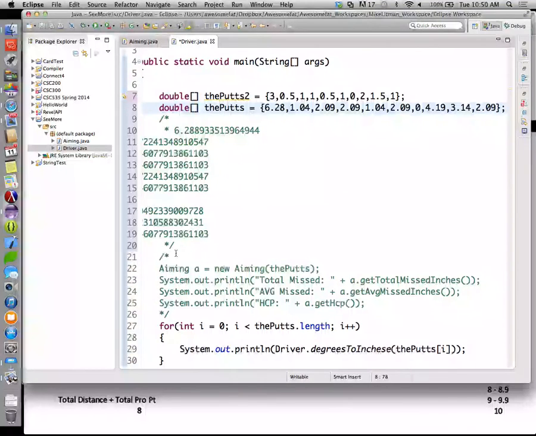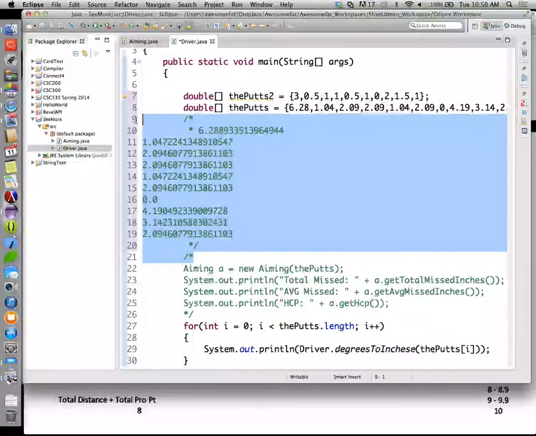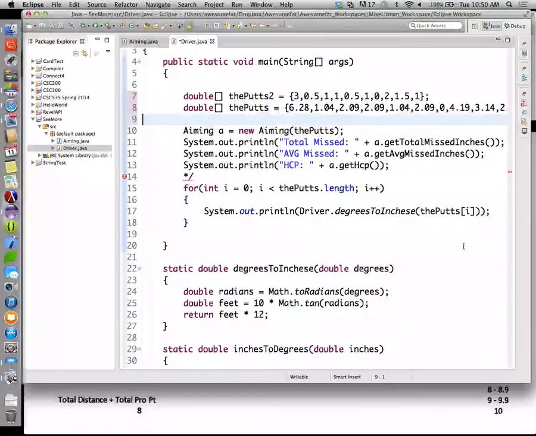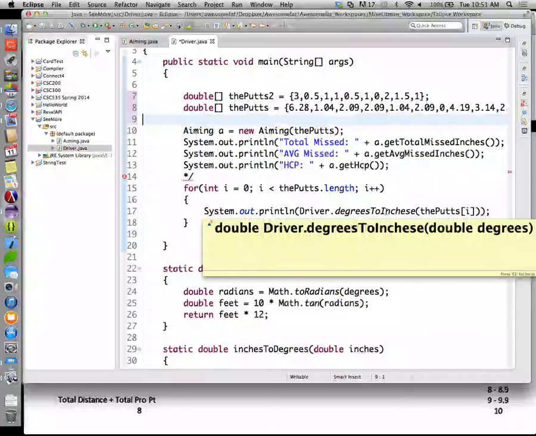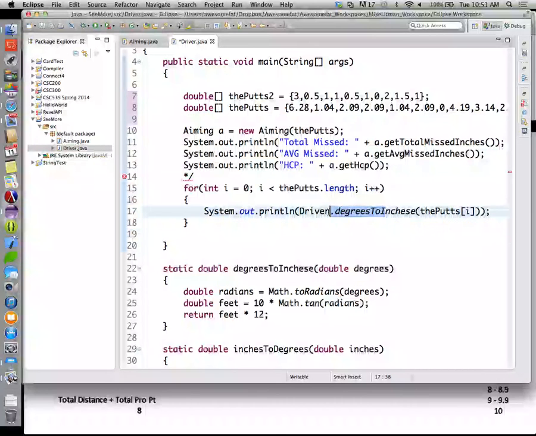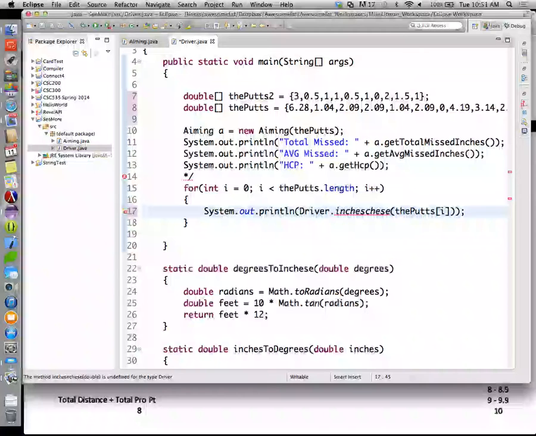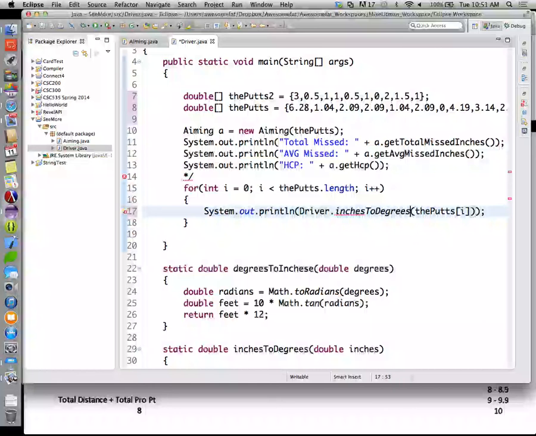Okay. Let's just make sure we get the numbers we think we should be getting here.